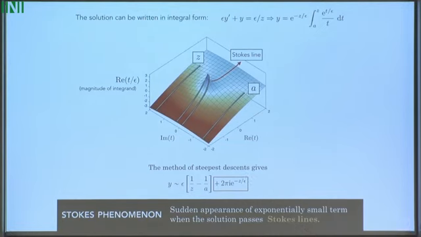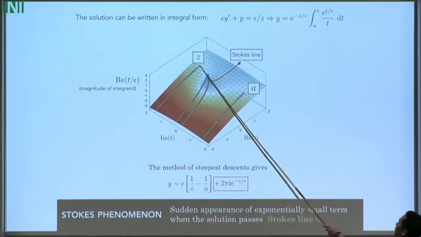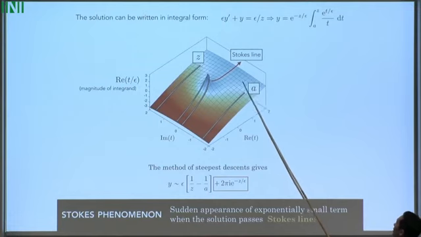The Stokes phenomenon refers to this sudden appearance of exponentially small terms when the solution here, z, is analytically continued past the red line. When you go past the red line in the complex plane, you need to take into account the pole contribution. It's a very simple demonstration, but this kind of idea occupied Stokes a number of decades of his life to understand.